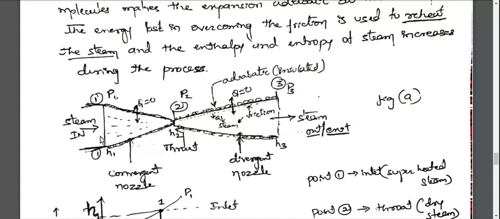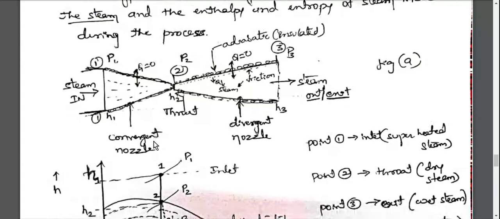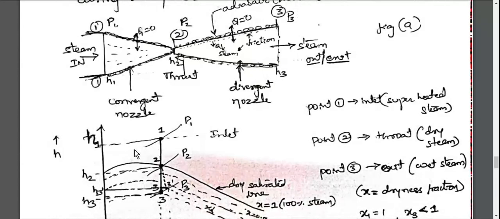So H1 is greater than H2. Due to expansion, enthalpy decreases, so H2 will be lesser than H1, and the same process is represented in the HS diagram here. Point number one is here. Point number two, where expansion takes place.